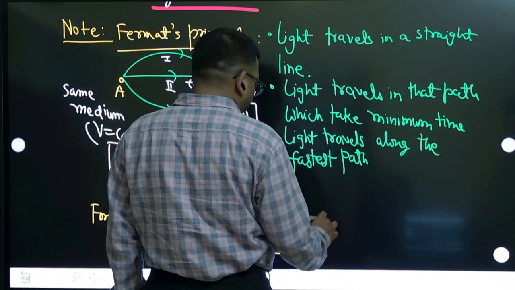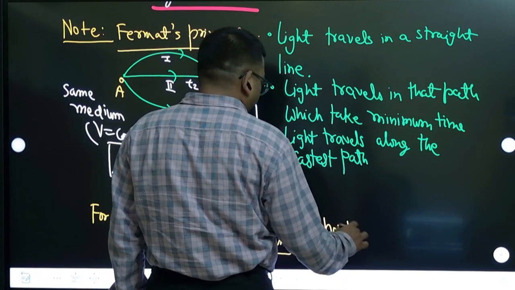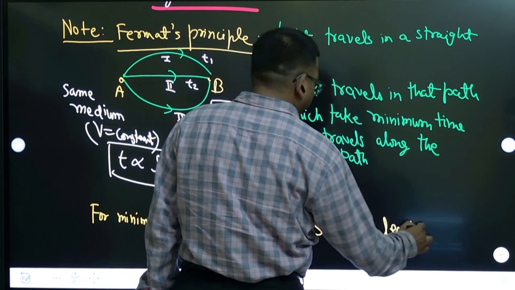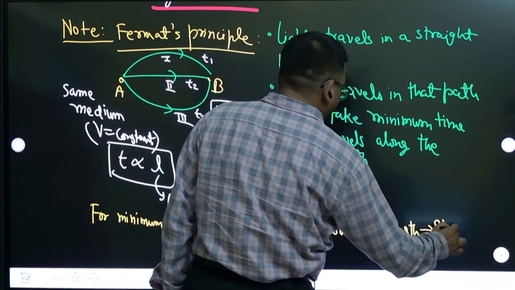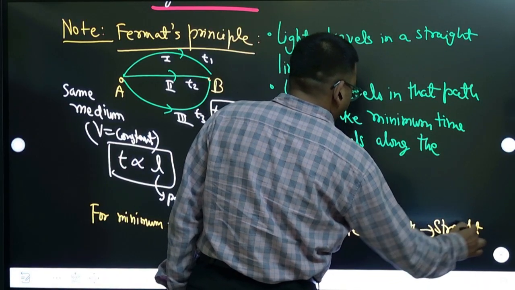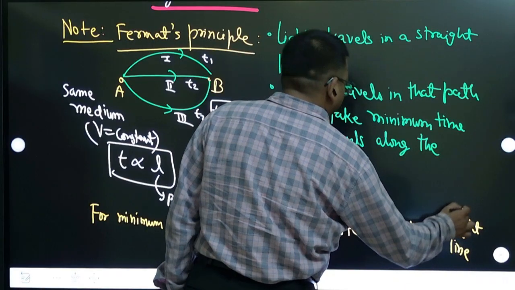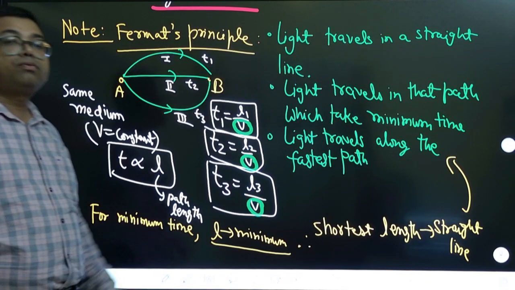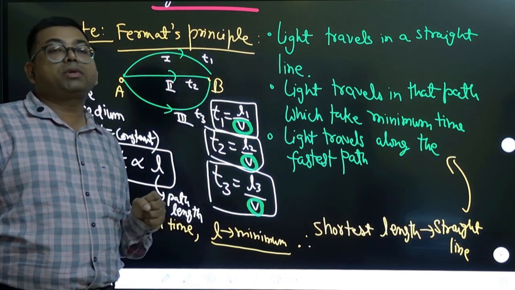And minimum length means shortest length. So the shortest length is a straight line. That is what it means to be traveling along the fastest path. So fastest path means time should be minimum.